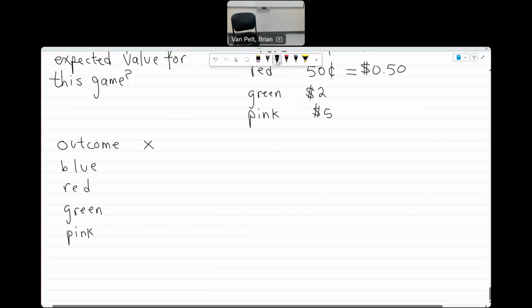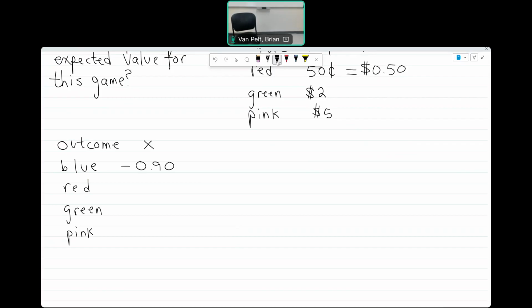What I do when I make up my table is I allow X to be the dollar payout. For a blue one, what was the payout? 10 cents. Right, so 90 cents, exactly right. So negative 0.90. Then how about if you get a red one?